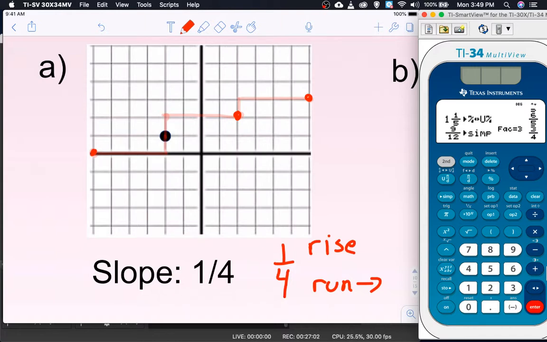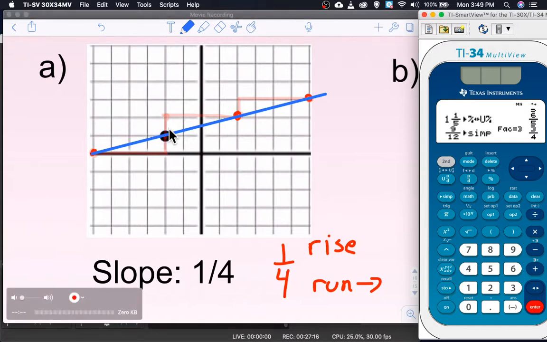So those 4 dots make a perfectly straight line. Now I'm going to use my straight line tool. You can use a ruler or whatever it is you're going to use. That is the line that goes through the point that they gave us, the original starting point, and has a slope of 1/4. Up 1 over 4.